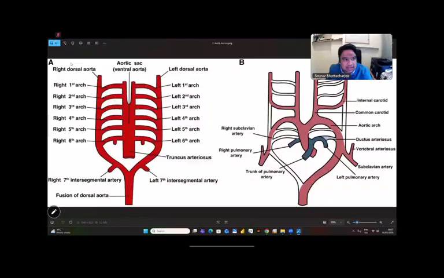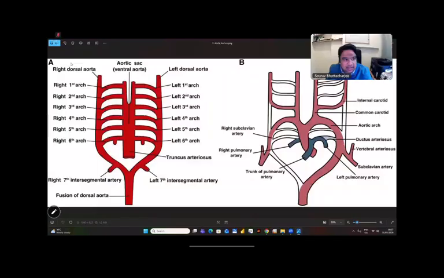Now, pharyngeal arches, you might ask, if it is about head and neck, how does it involve the cardiovascular system? The interesting bit is that in vertebrates, the pharyngeal apparatus usually has six pharyngeal arches. One, two, three, four, five.